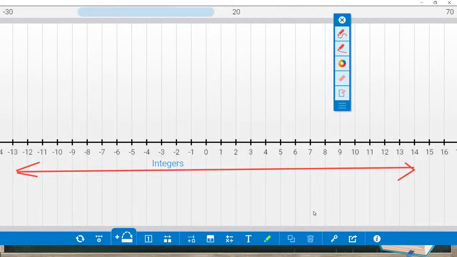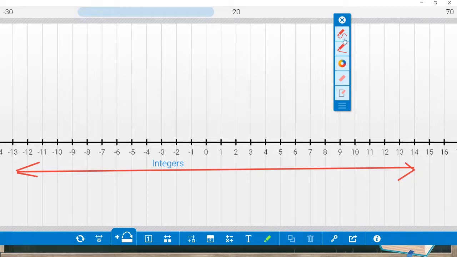All these negative numbers and all these positive numbers together are called integers. Now guys, if you notice something, I represented integers, rational numbers, whole numbers, natural numbers. All these numbers are represented on the same number line.